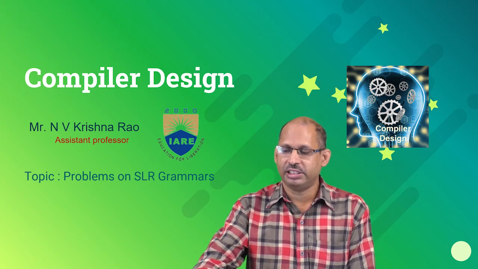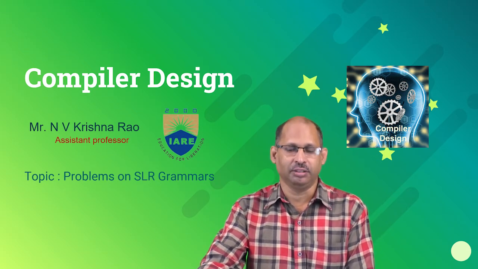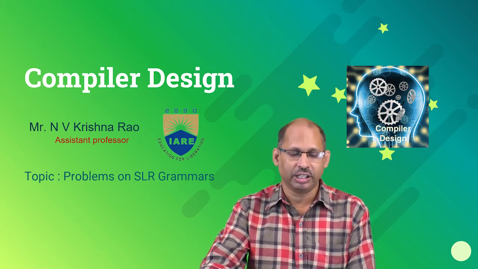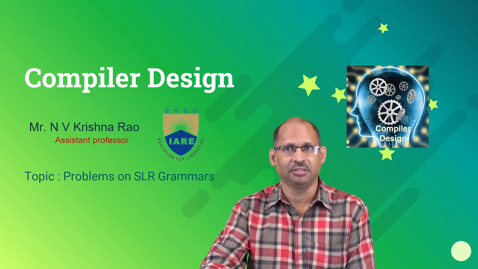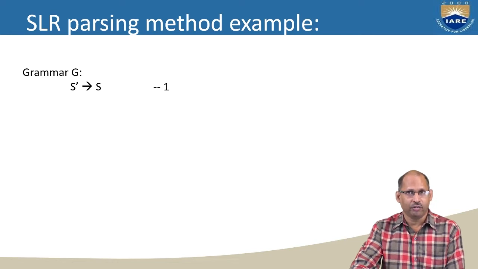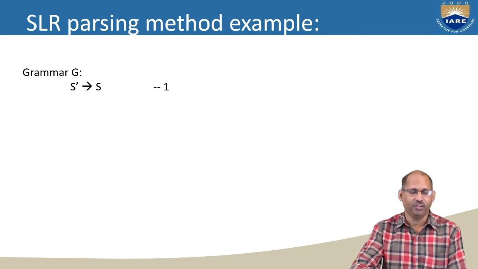We have seen the SLR parsing method in the last class. We'll discuss some more examples under the SLR parsing method. So, we are considering another grammar. Whenever a grammar is given, the first step is to add S' → S. That is the first step, to add the production.